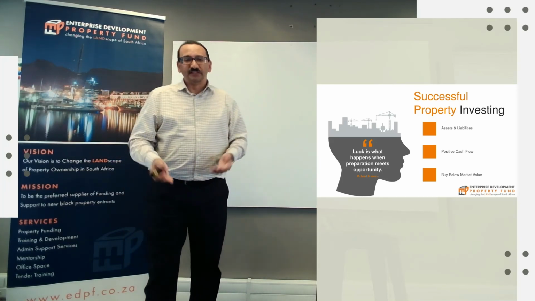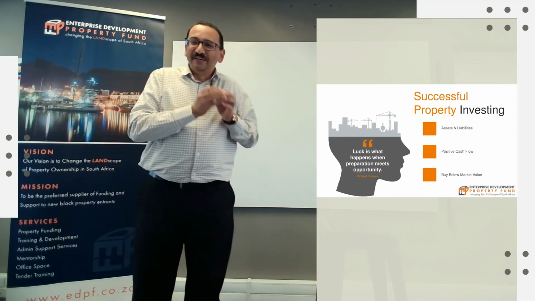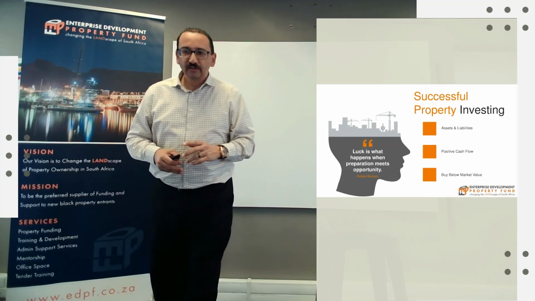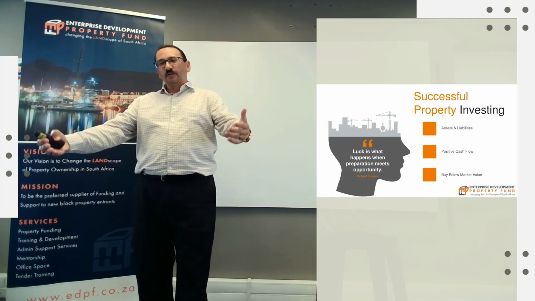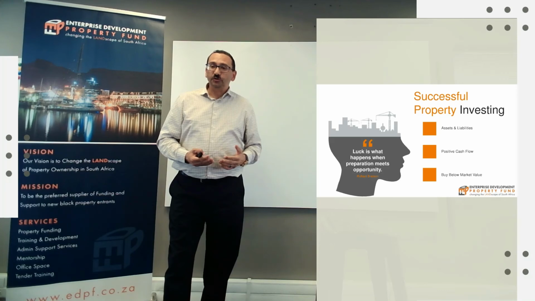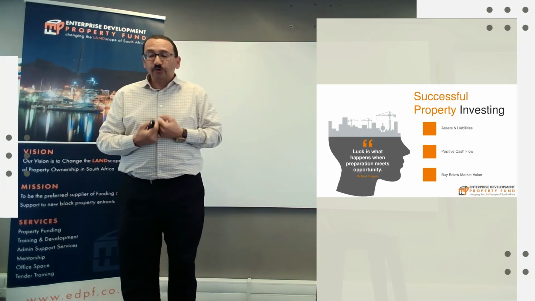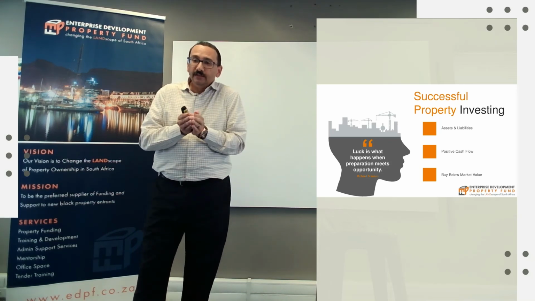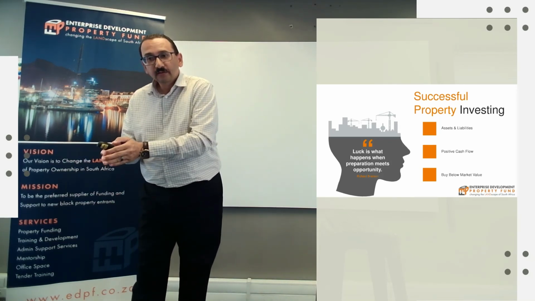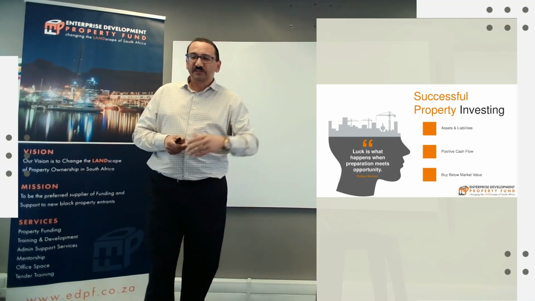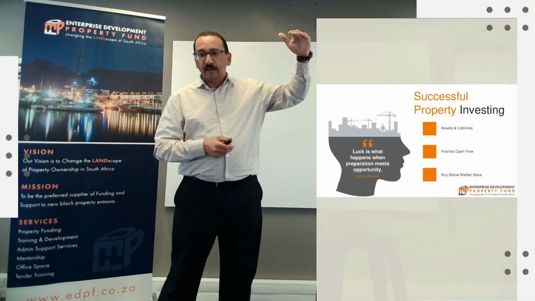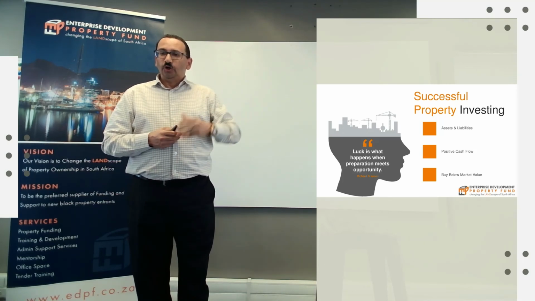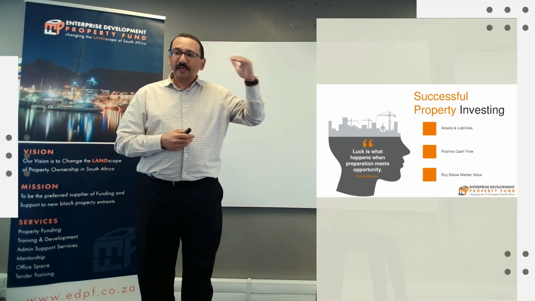All right. So buying below market value gives you that opportunity to make some additional profit when you try and sell the property. It also allows you, if you're holding the property and you do a buy to let, to make a better return when you're renting. Because if you had bought it at 1 million Rand and your net income for the year is 100,000, your profit is only 10%.